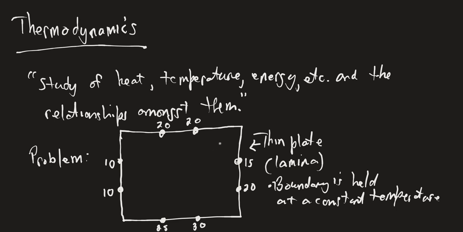Now, if I were to think of this plate as a continuum, like one nice continuous object, the exact solution to this problem, where we would try to find the temperature at the interior points here, would require some pretty advanced calculus, right? So that's not what we're going to do.